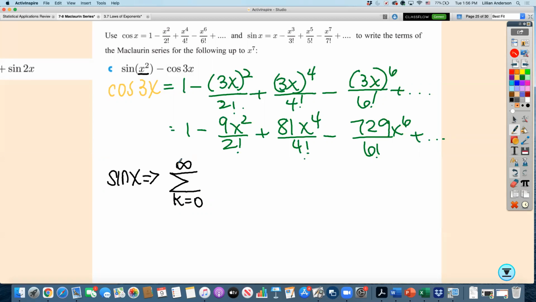So we have the sum from 0 to infinity. As we can see, our terms are alternating between positive and negative, which means that's going to have to be represented by a negative 1 raised to the k power.